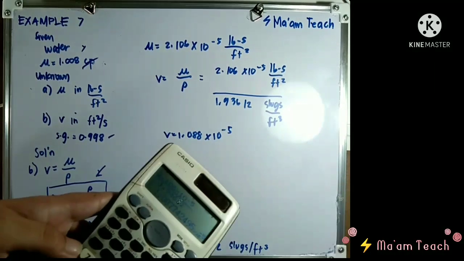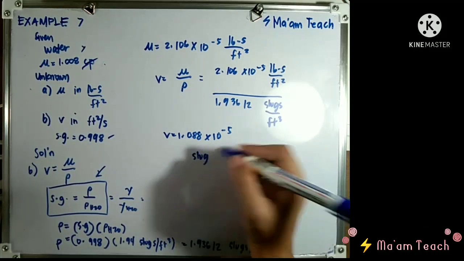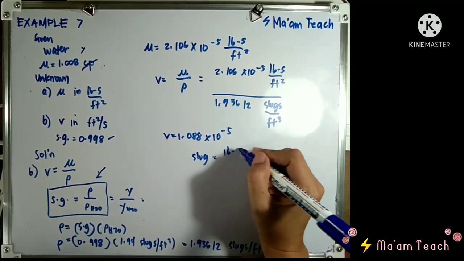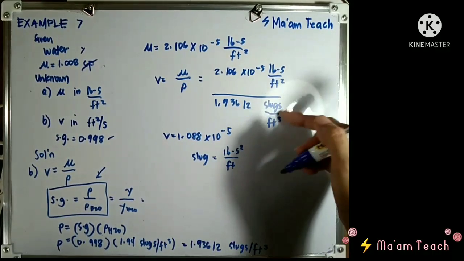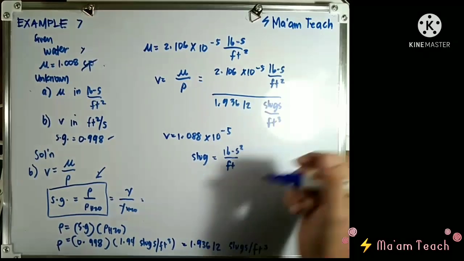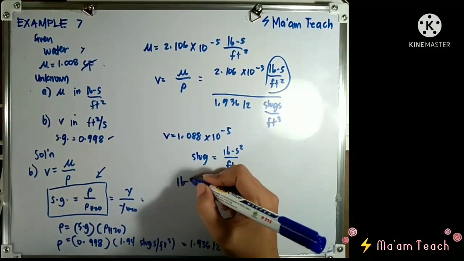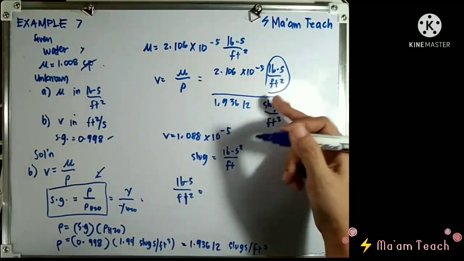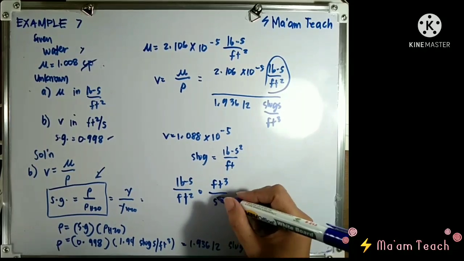But the question, class, is what is the unit? Now, if you could recall in your lecture, on page 2, a slug is equivalent to pound second squared over foot. Looking at the units here, we can simplify this. Let us take this first: pound second per square foot times, since we have a fraction, we get its reciprocal, cubic foot over slugs.